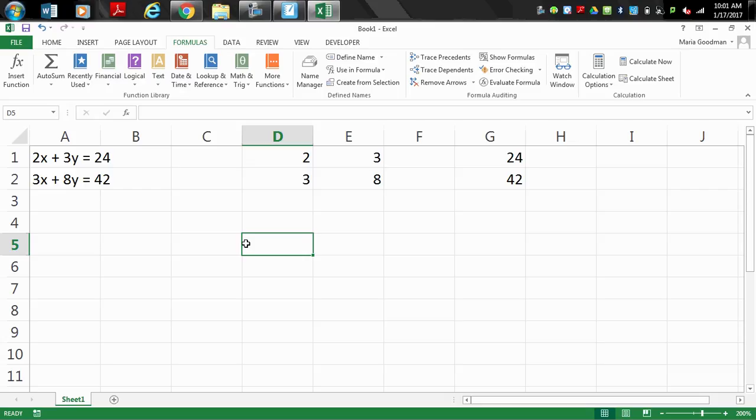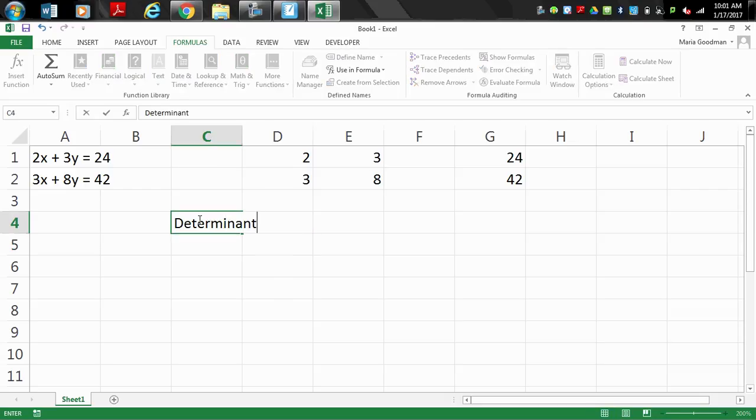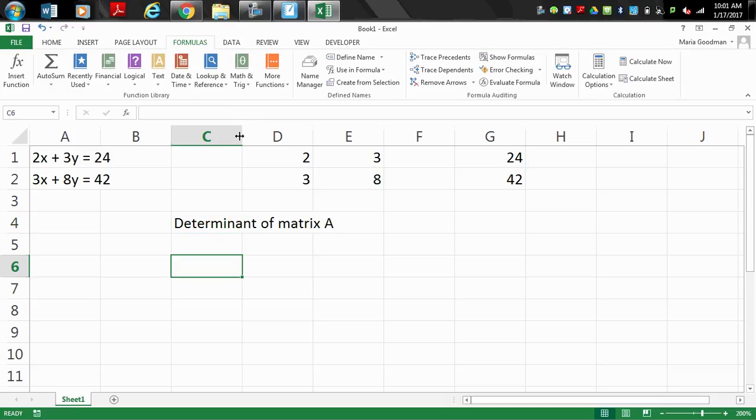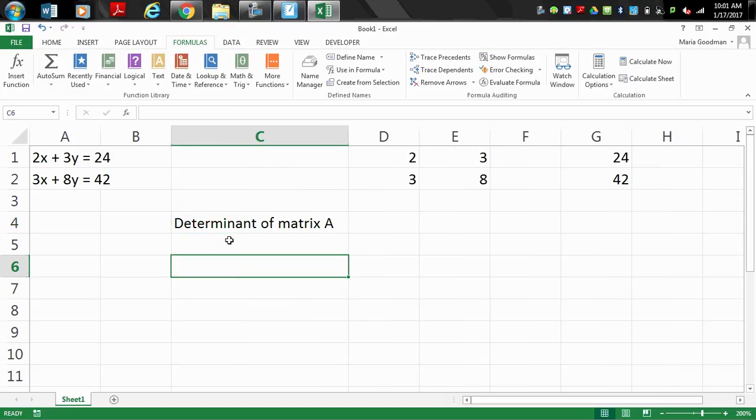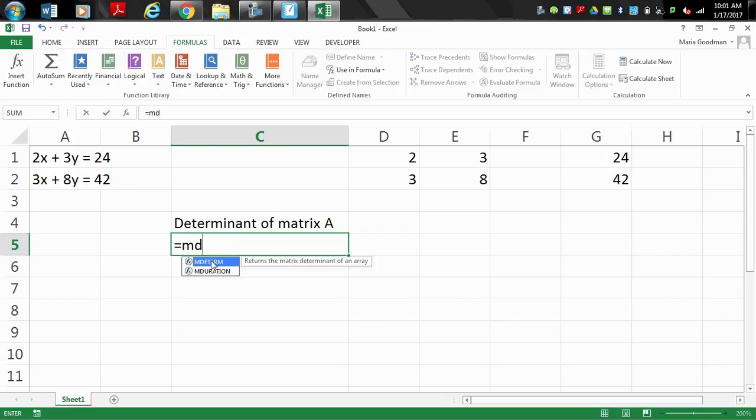So you do the determinant of matrix A. That's equals MDETERM, and we're going to use in formula matrix A. Determinant is just Enter because it's only one number.